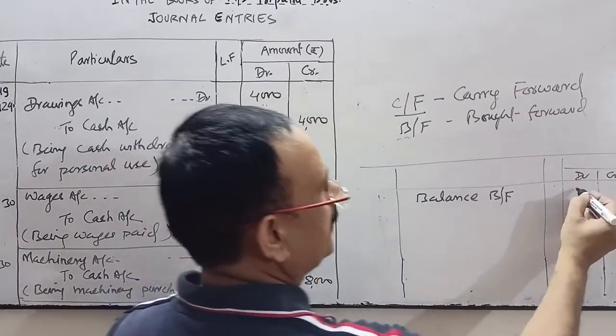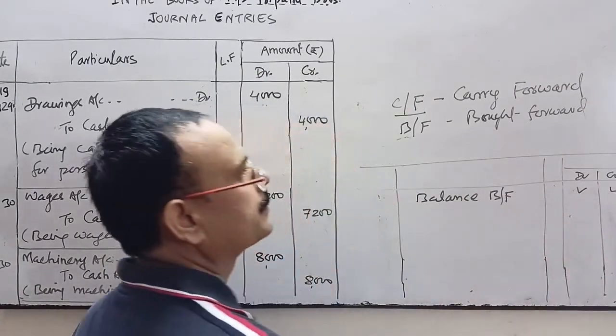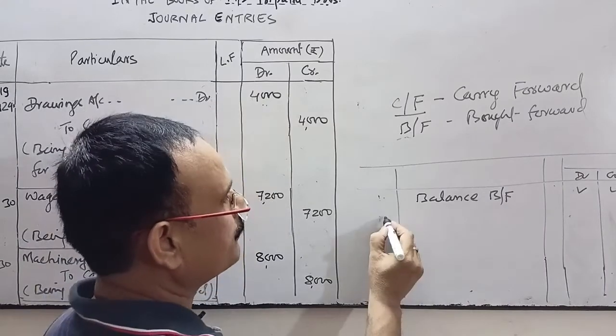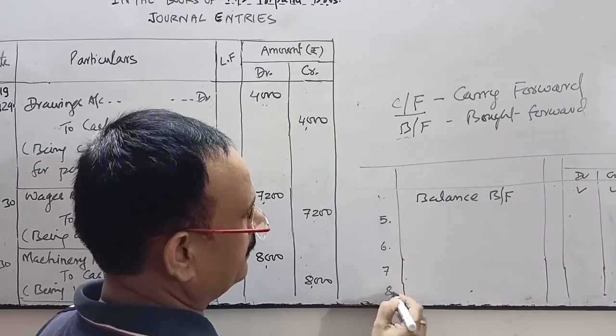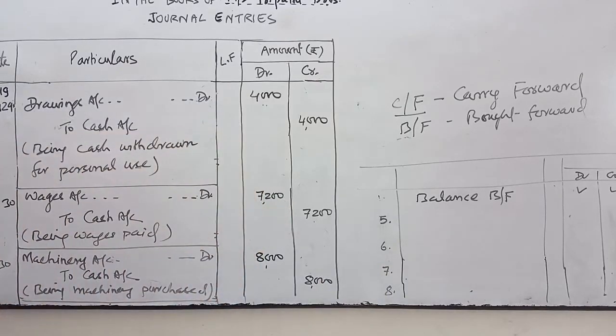We will write the amount over here, and then we start with the next transactions 5, 6, 7, 8. Okay? You see it.